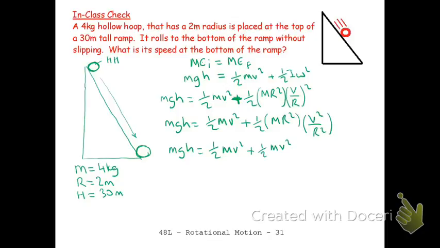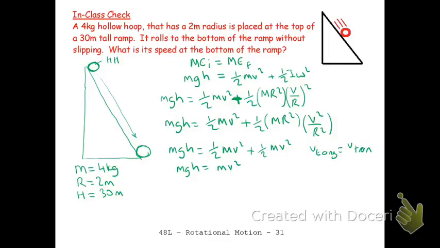And we sorted out before that the tangential velocity is the same as the translational velocity, so we don't need to dwell on that. If you want, put down v tang equals v tran to remind yourself of that. So mgh is equal to mv squared.